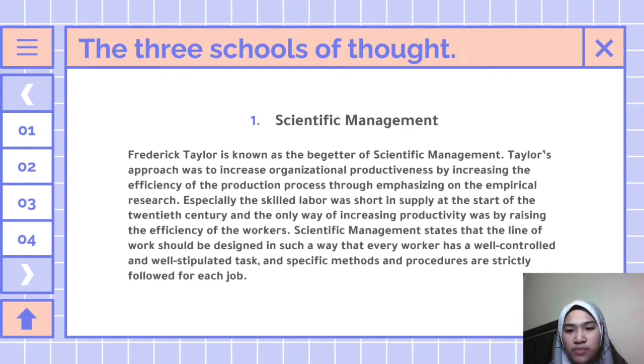Scientific management states that the line of work should be designed in such a way that every worker has a well-controlled and well-stipulated task, and specific methods and procedures are strictly followed for each job.